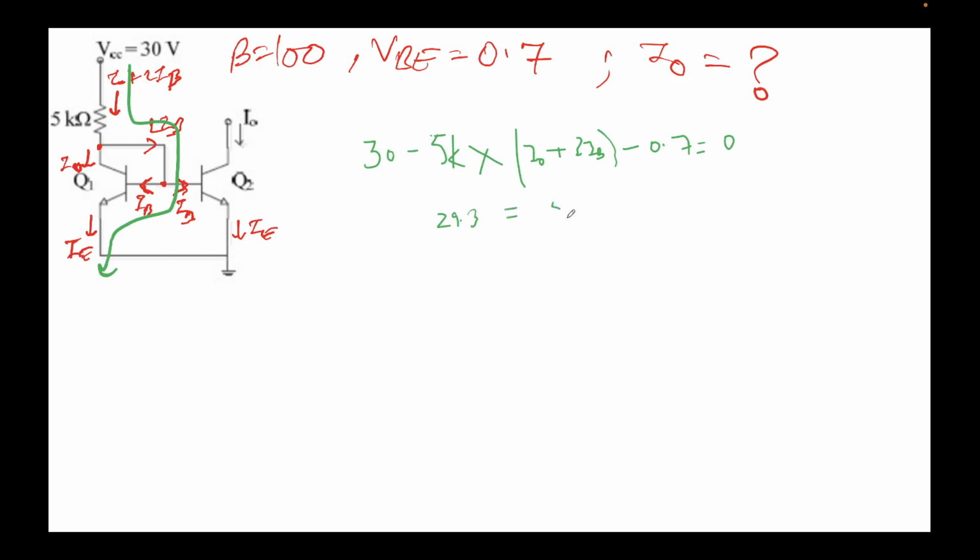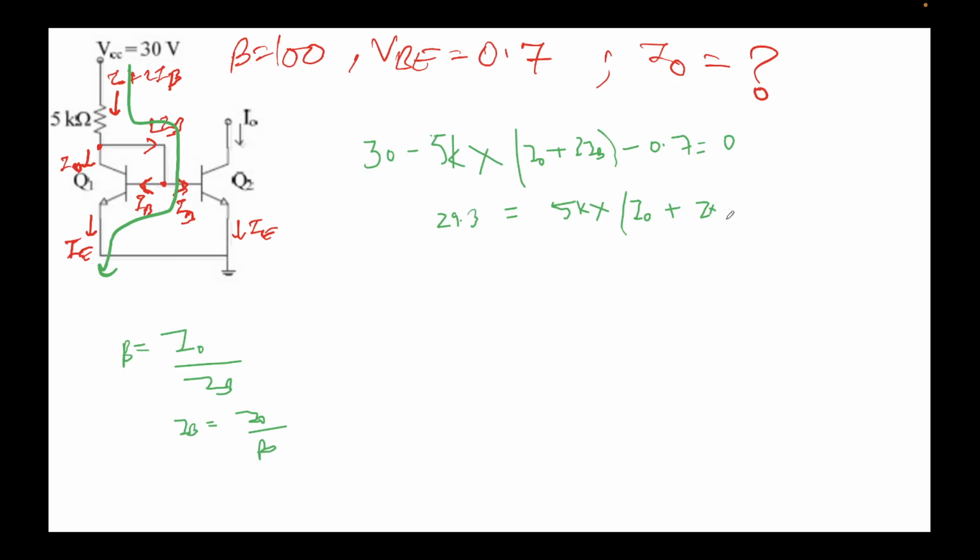equal to 5K times, now I naught is nothing but IC here, remember that. But let's just keep it to be I naught plus twice of IB. Now I can write that beta is equal to IC upon IB. So the value of IC here is this, upon IB. So IB will be nothing but I naught upon beta. So let's put this here.